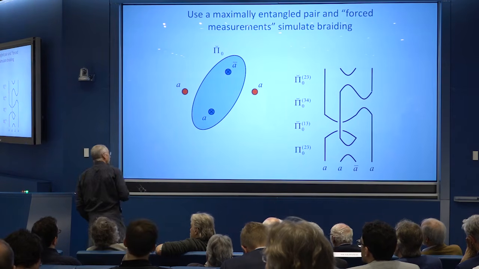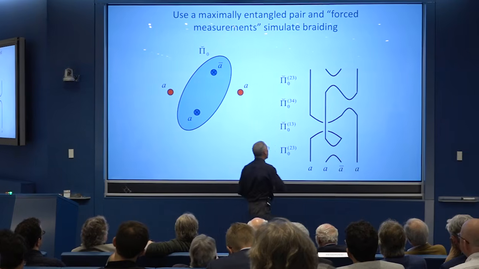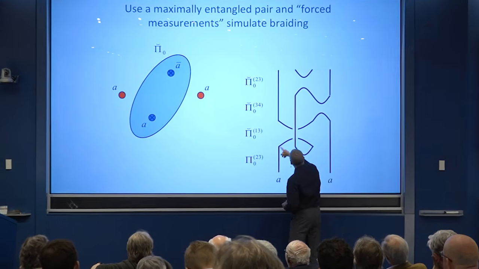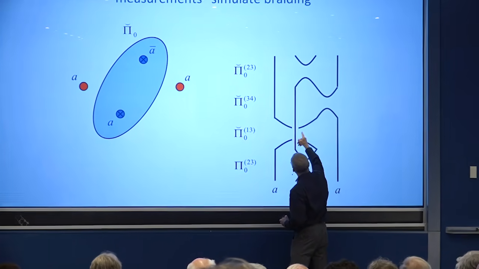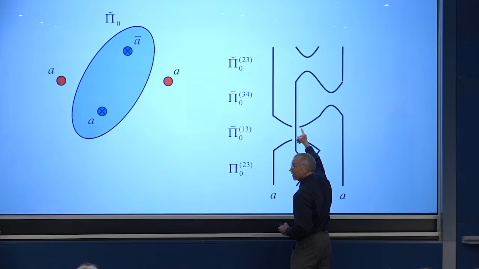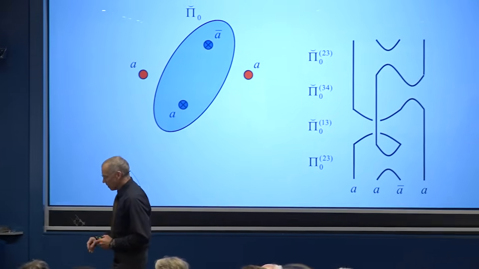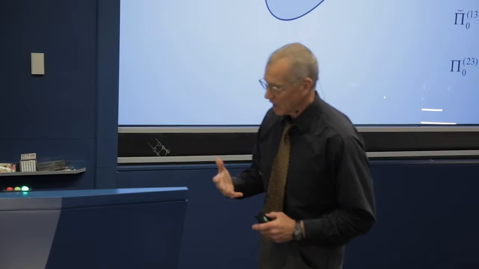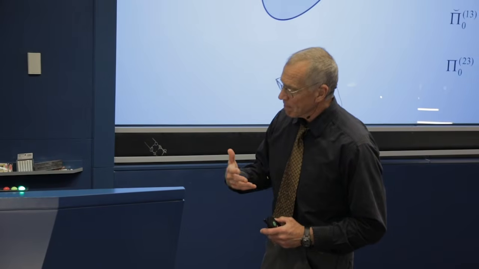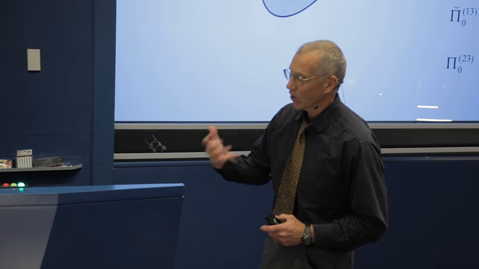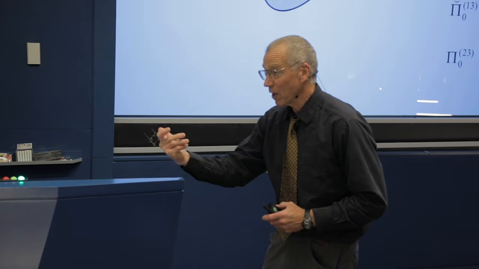Now, if you measured 1, when 1 and 3 are jointly measured, there'd be a psi line connecting them here. So you'd have a different situation. What forced measurement is, it's just a little loop where if you get the wrong outcome, you go back and measure a different pair and then go back and remeasure.